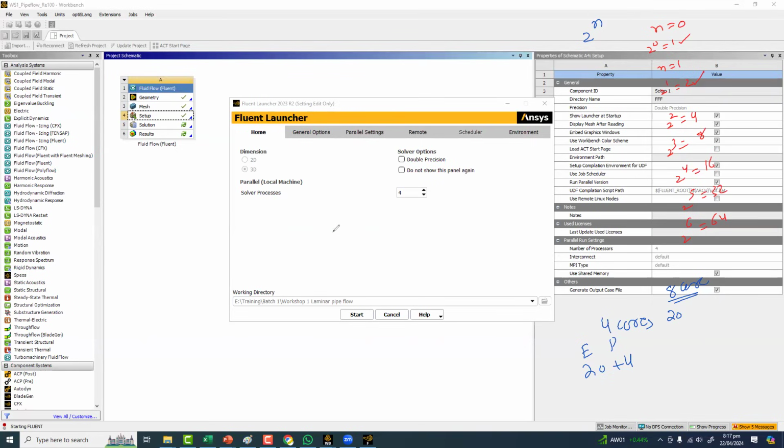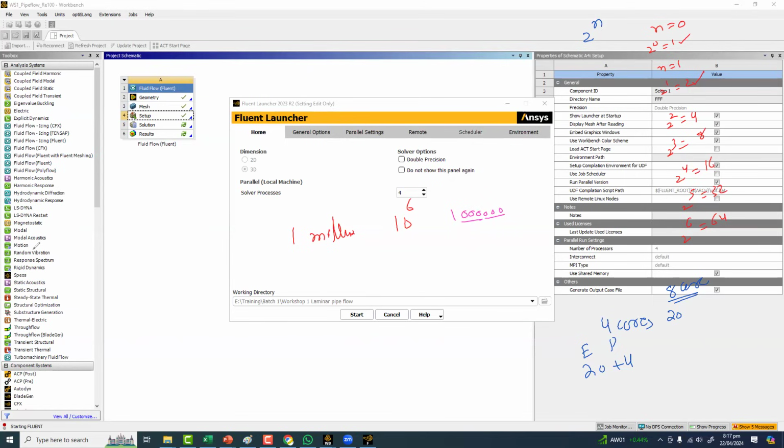So the rule of thumb says that if the mesh size, the number of cells, is 1 million, you know that it's 10 power 6, which means 6 zeros. This is the size of the mesh.